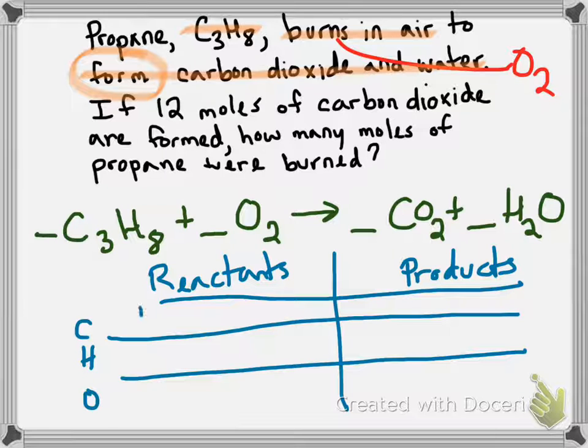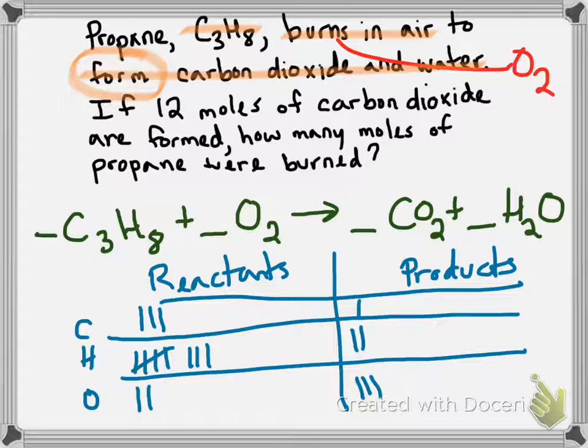I'm starting with 3 carbons on my reactant side and 1 carbon on my product side. I have 8 hydrogens on my reactant side and 2 on my product side, and I have 2 oxygens on my reactant side and 2 plus 1, so that gives me 3 oxygens on my product side.